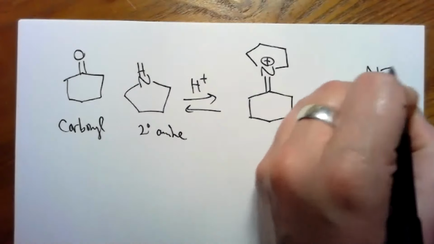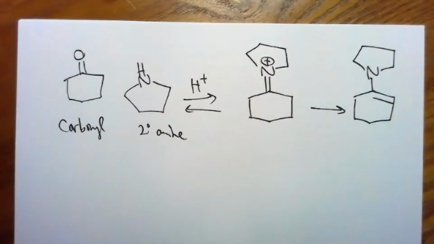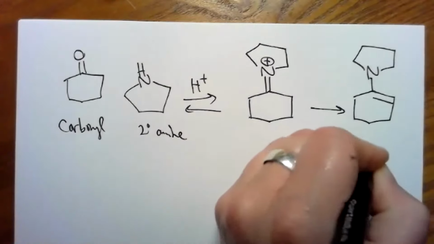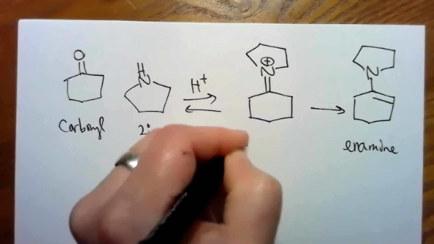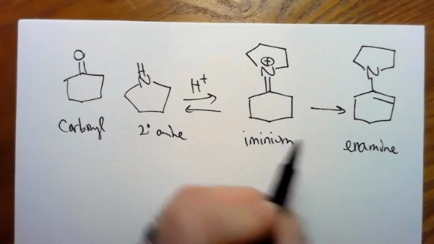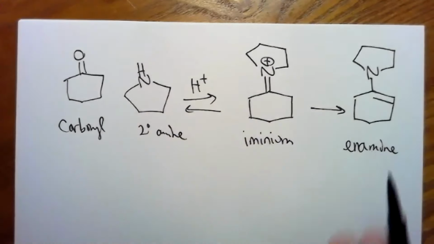You go through to dehydrate, go through to eliminate, to make this enamine product. This was an iminium, not the final product. Go through an elimination to make an enamine. The slide says enamines are synthetic equivalents of enolates. What does that even mean?